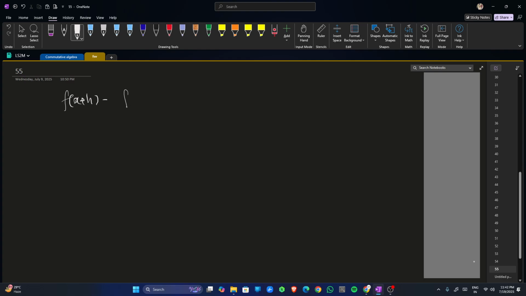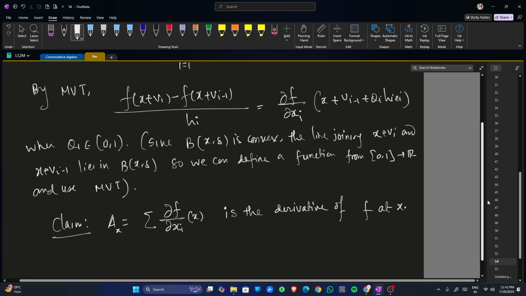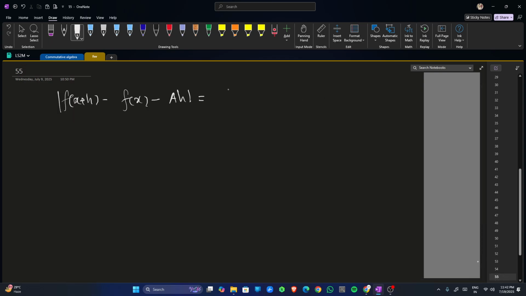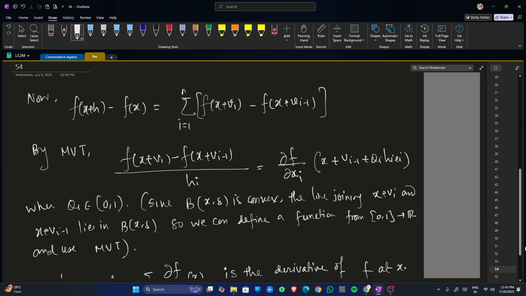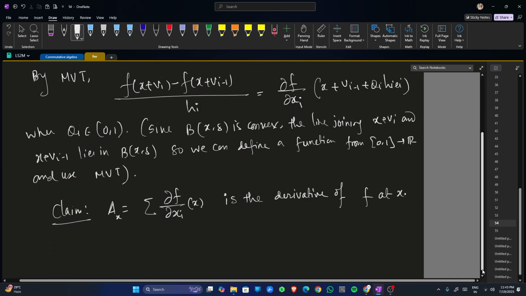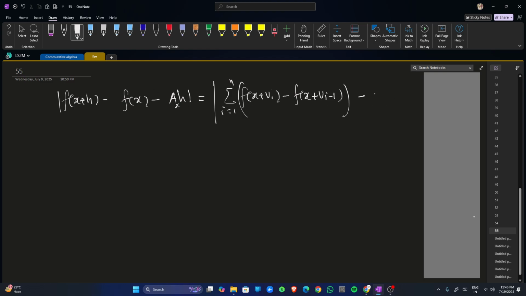Compute the norm of f of x plus h minus f of x minus A h. Now f of x plus h is the summation of f of x plus v_i minus f of x plus v_{i-1}, i runs from 1 to n, minus A applied at h, which is the summation from 1 to n of h_i del f del x_i applied at x.